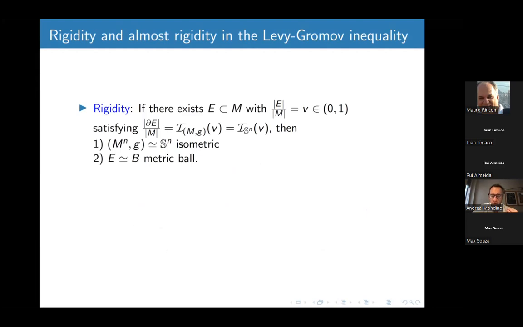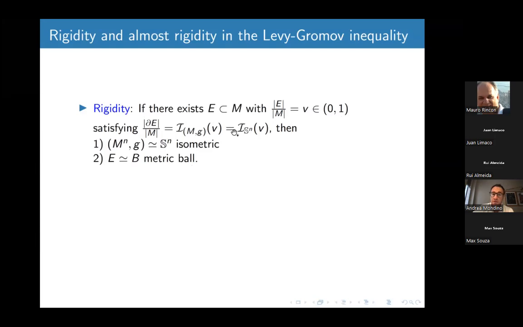Attached to the isoperimetric inequality, we have a beautiful statement, which is the rigidity statement, which says the following. If there exists some Borel set E inside M of non-trivial volume, so whose normalized volume is strictly between 0 and 1, and which achieves the equality in the isoperimetric inequality, so such that the normalized perimeter of E is equal to the isoperimetric profile function of the sphere at volume V. Notice that by the isoperimetric inequality, we know it is bigger or equal here.